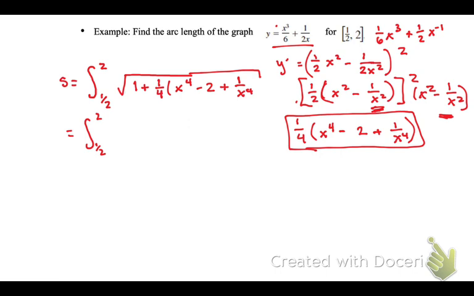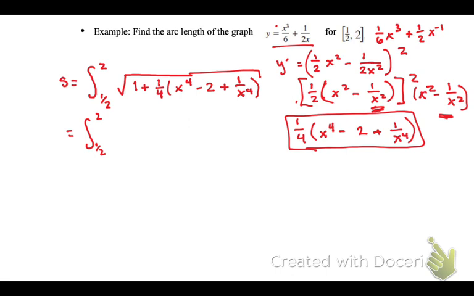Okay, so, well, we got to distribute the 1/4, don't we? Because our only hope is that we can distribute it and factor it, and it's a perfect square trinomial. That's our hope, right?